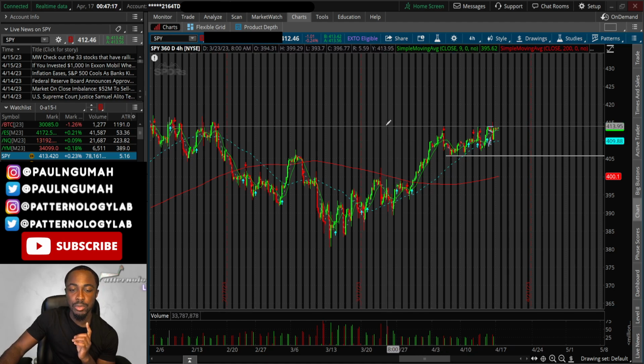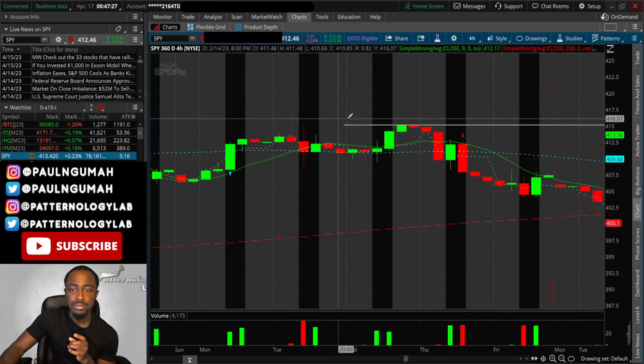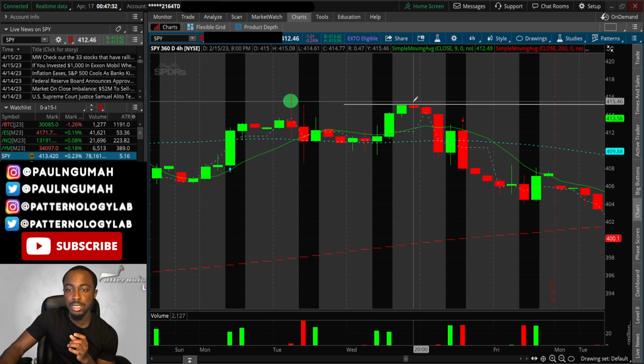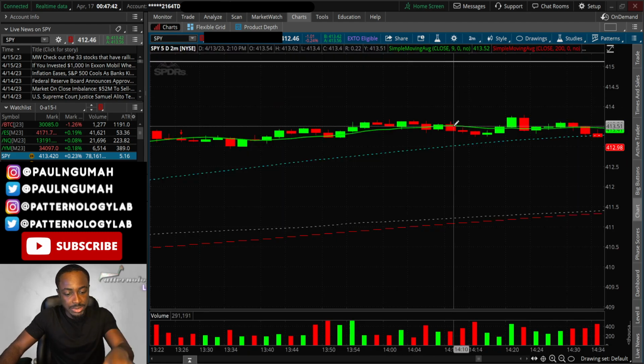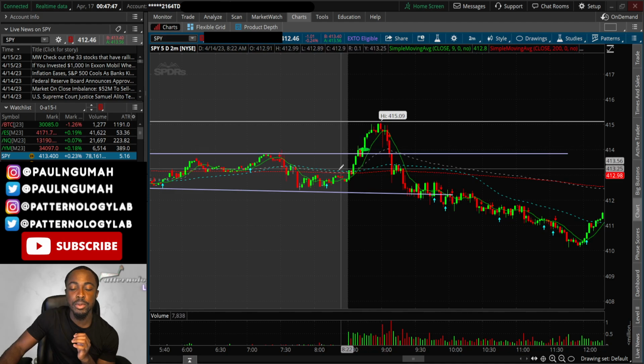But one thing that I was concerned about was this level of resistance right at 415.12, where there are these short sellers who are still in the way, and they're still preventing the SPY from breaking out of this level. So I was very mindful of that, and I wanted to see exactly how it behaves at that specific point.